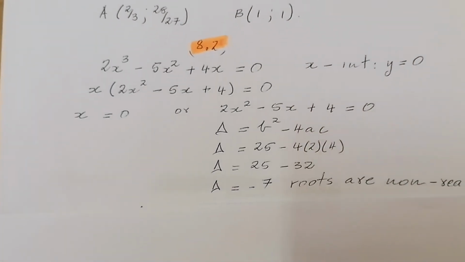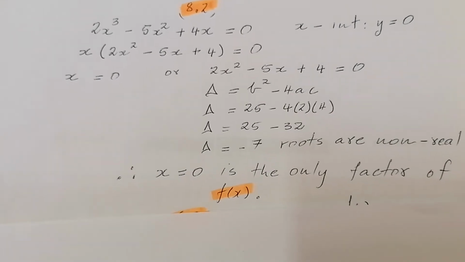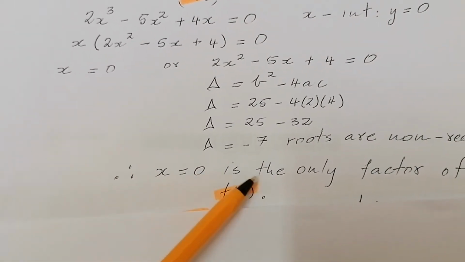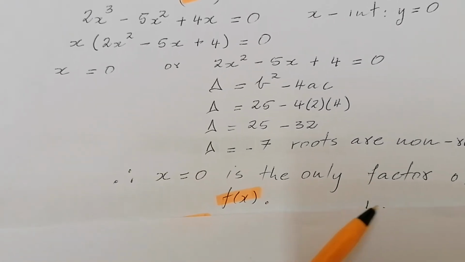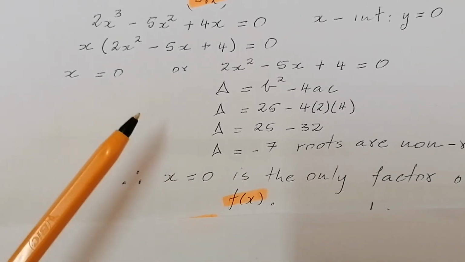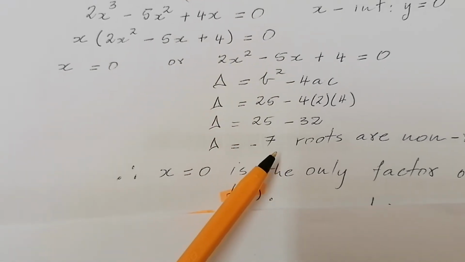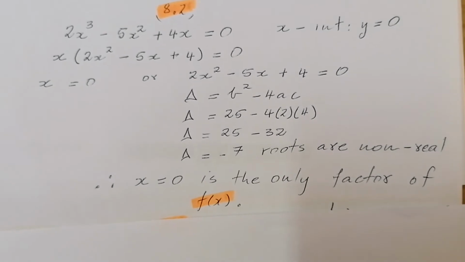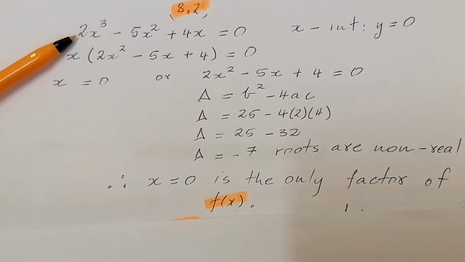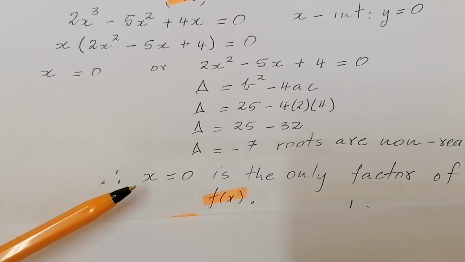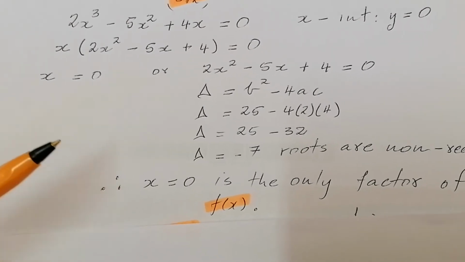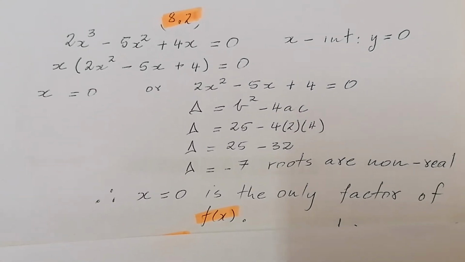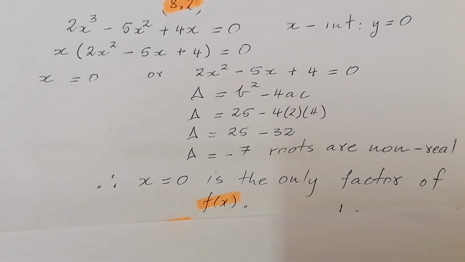That is why I concluded by saying x equal to 0 is the only factor of f of x, because I could not factorize this one. We have actually proved that the given equation has only one x-intercept, or it has got only one real root.